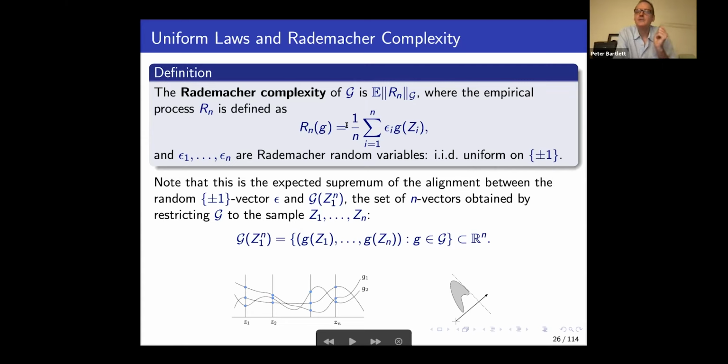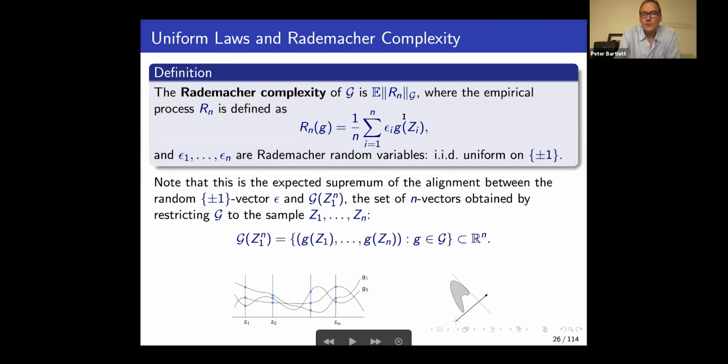And that random variable is the average across the sample of not g evaluated at the zi's, the z1 through zn, but g evaluated at the zi's, and each one of them multiplied by an epsilon i, right? And these epsilon i's are plus or minus one independent uniform random variables. They're Rademacher random variables. Okay, so that's a strange beast. Instead of taking an average of the g's, it's an average of these symmetrized versions of the values of g's.